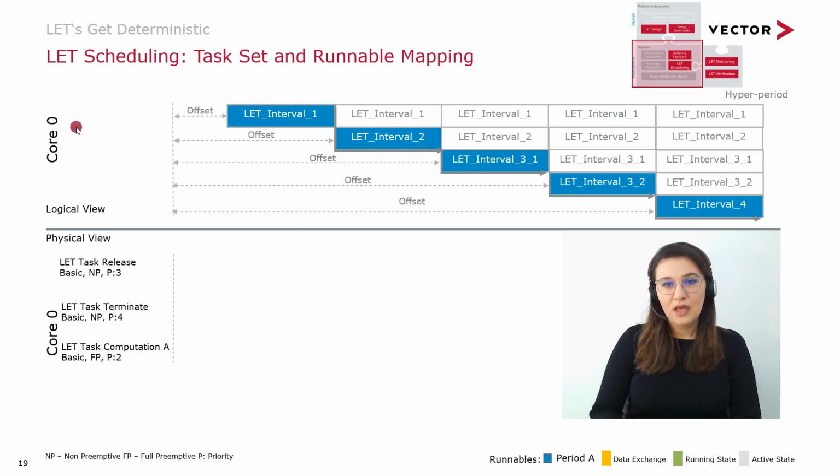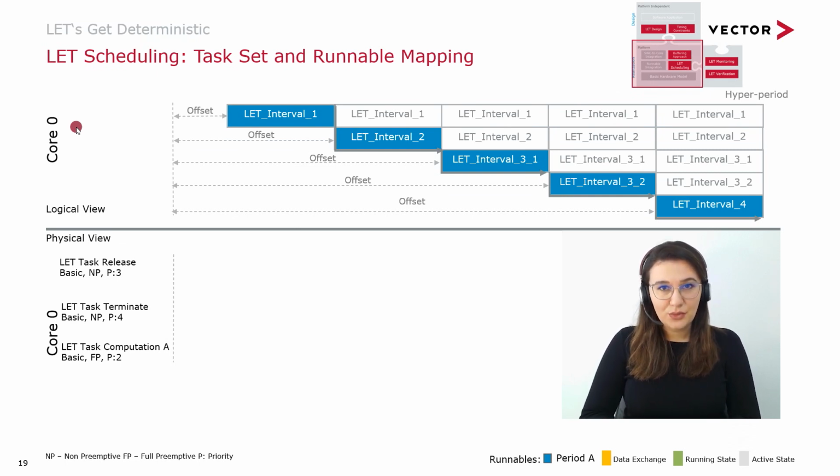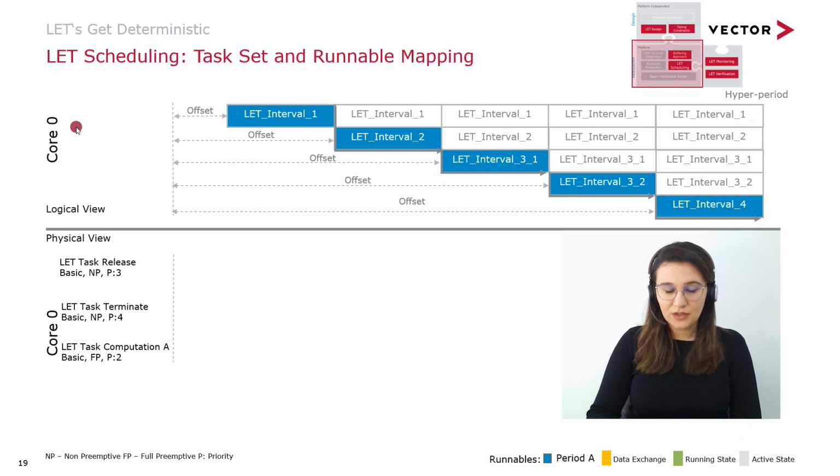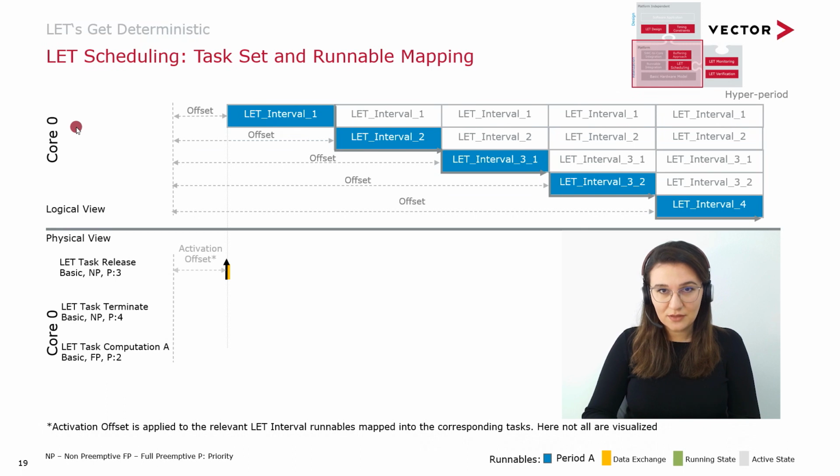First, we have to consider several aspects in order to preserve the semantic. Initially, we need to isolate and guarantee that those local buffers or scheduling entities are executed, are not preempted, and are executed at the right points in time.